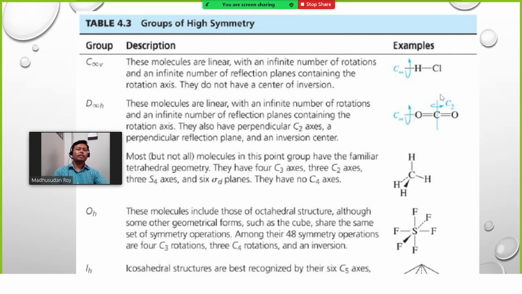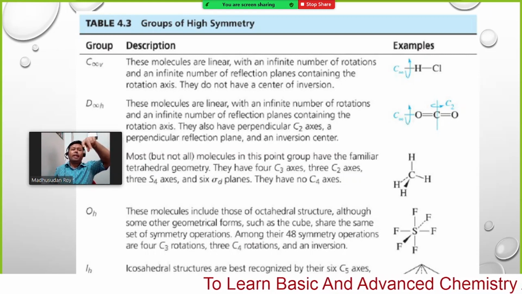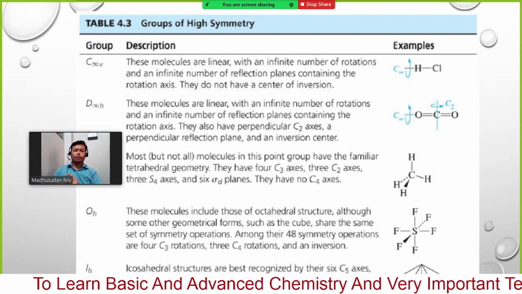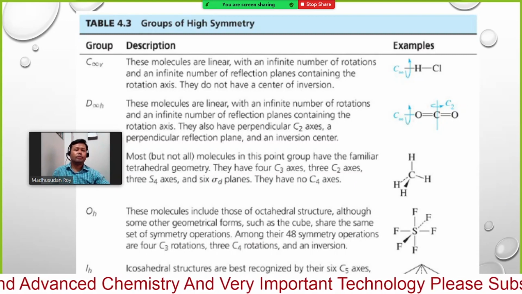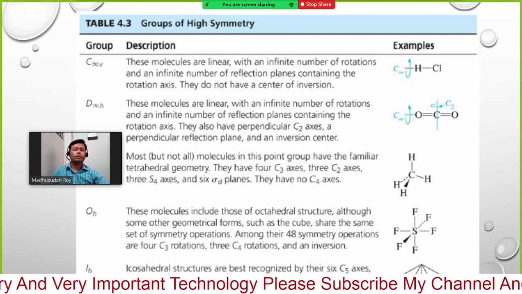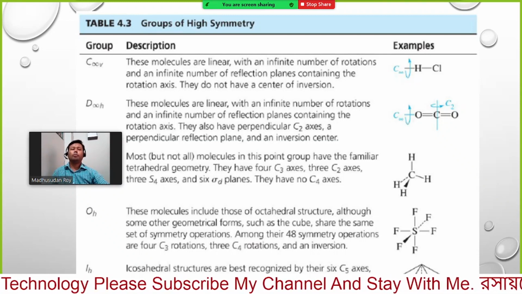If you consider an axis through the carbon, then by rotating this molecule by 180 degree, that means 360 divided by 2, you can have an identical structure of the molecule.